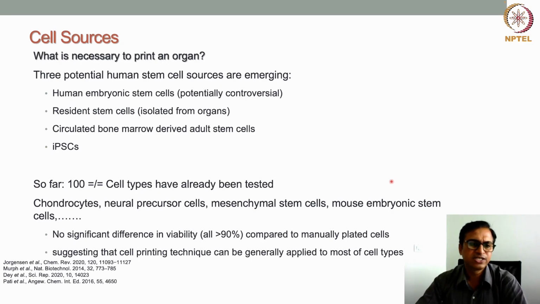There are also resident stem cells that have been isolated from different organs of a person's body and preserved, which can be used for this. There are also circulating bone marrow derived adult stem cells. A number of researchers have been devising strategies to isolate these bone marrow derived stem cells. iPSCs are another candidate. iPSC means induced pluripotent stem cells, and you know very well these are induced cells.